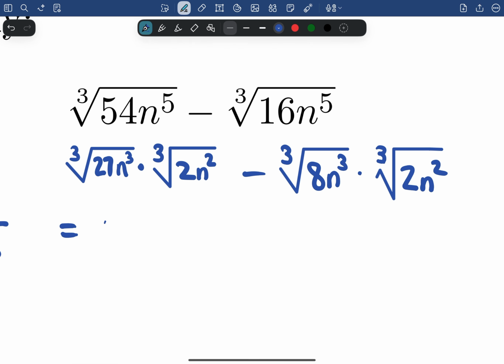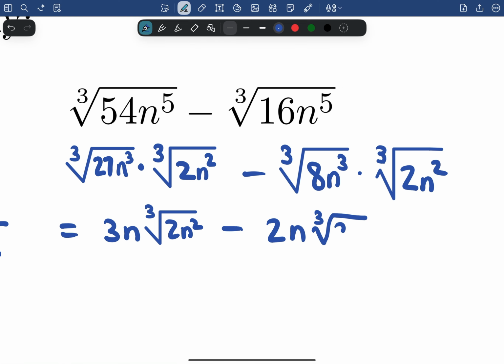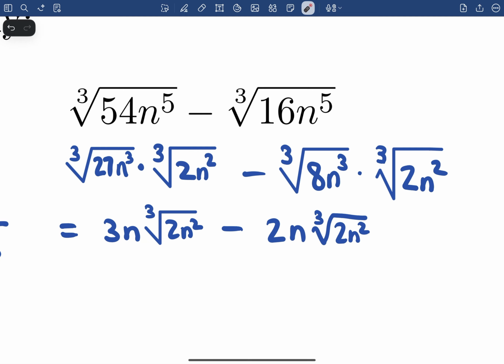The cube root of 27 is 3. The cube root of n cubed is n. And then I'm going to multiply on the leftovers. And now I subtract the cube root of 8, which is 2, times the cube root of n cubed, which is n. And then I multiply on the leftovers. And now I look and I ask myself, are these like radicals that I have remaining here?